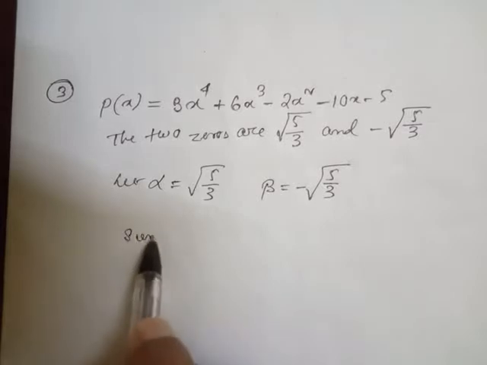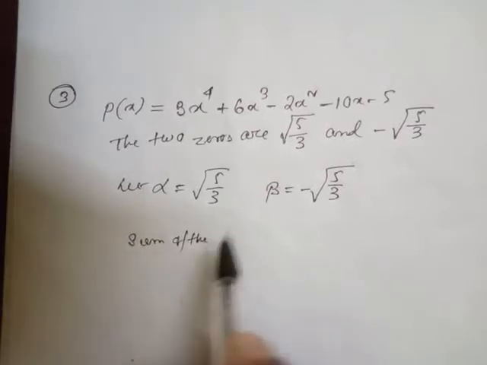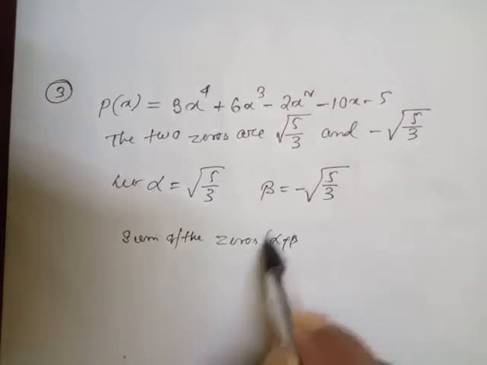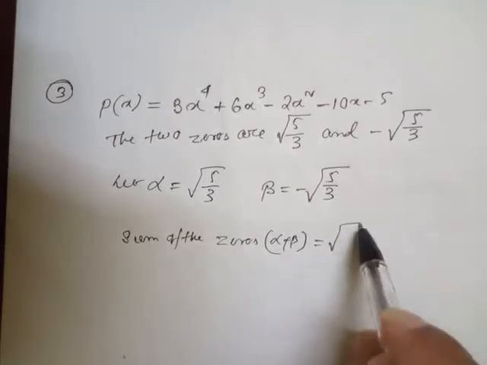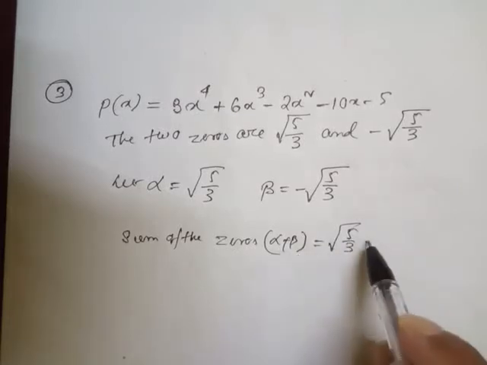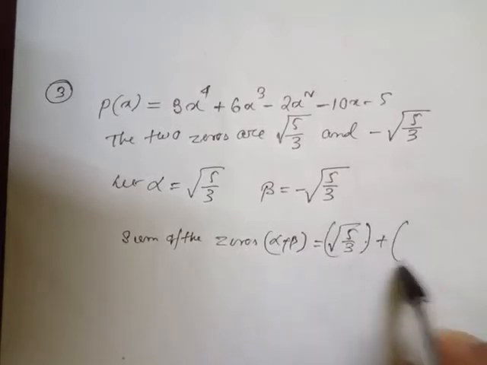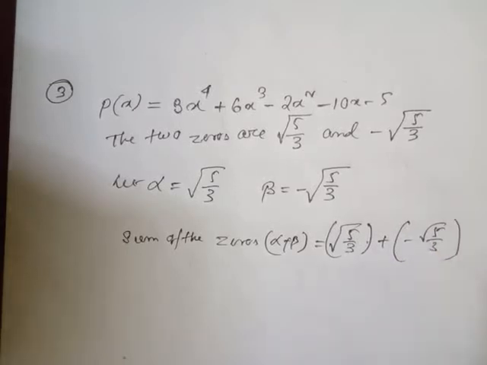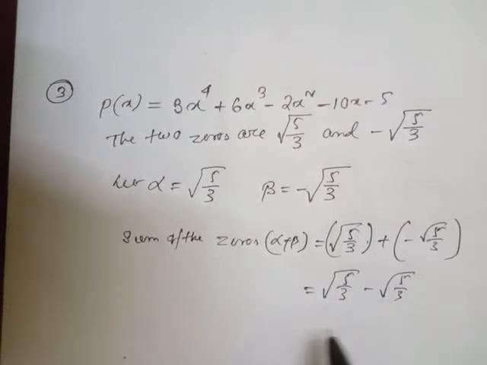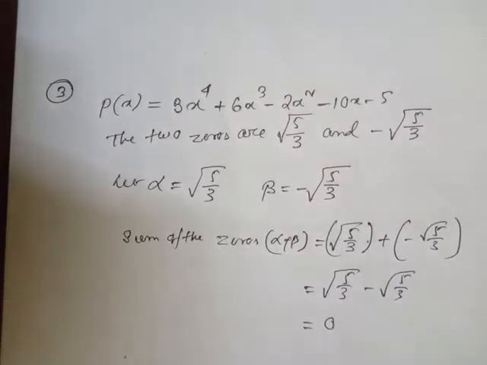So the sum of the zeros, which means alpha plus beta, equal to root over 5 by 3 plus minus root over 5 by 3. Now look here, remove the bracket, root over 5 by 3 minus root over 5 by 3, which means there is 0. Alpha plus beta is 0.